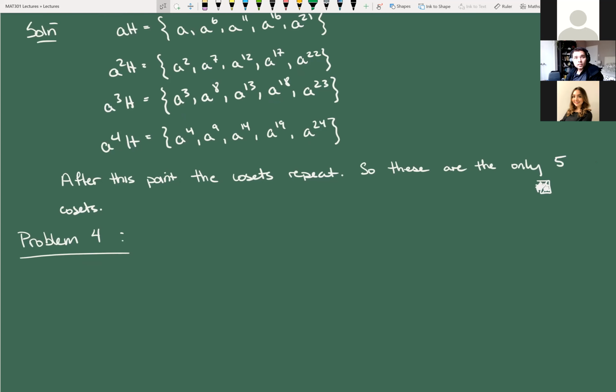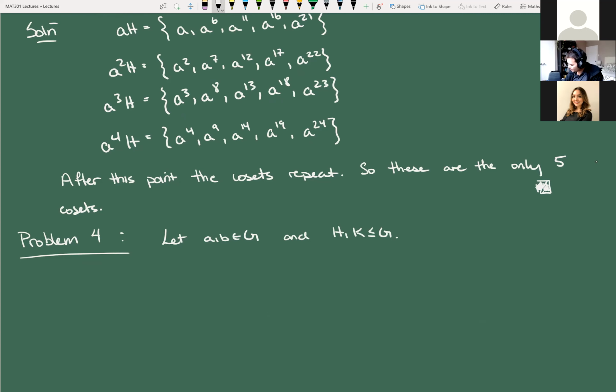Now, problem 4, I think is the hardest. That being said, it's not too bad if you know how to approach it. So we've got H and K are subgroups. And now here's the weird thing, right?